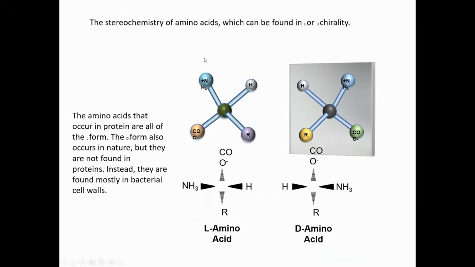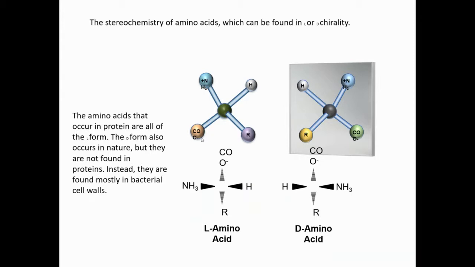Amino acids, as organic molecules, all have a special property we call optical activity, which is the enantiomer property.